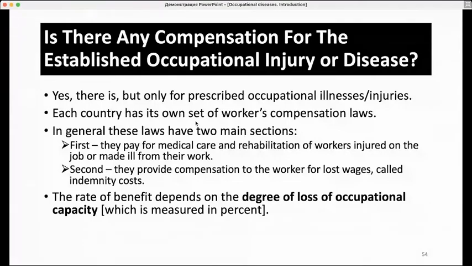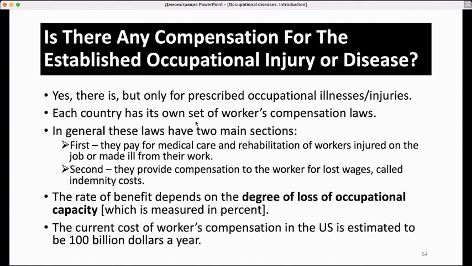And also, he'll be working as a teacher and getting a salary for this. It is compensation. And moreover, the government will pay for all the diagnostic procedures, for his treatment, for his rehabilitation, and for everything related to this disease.